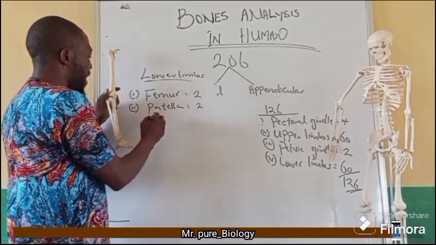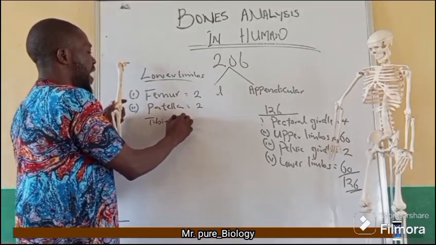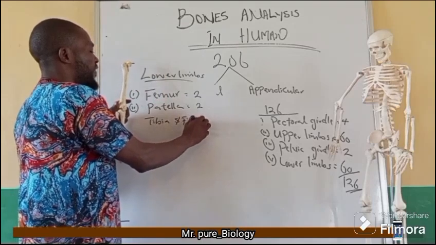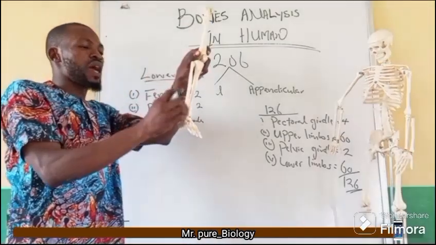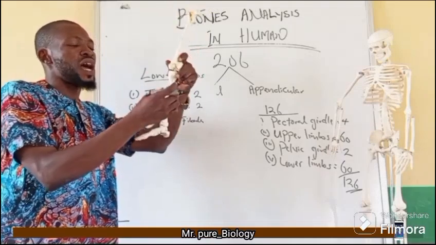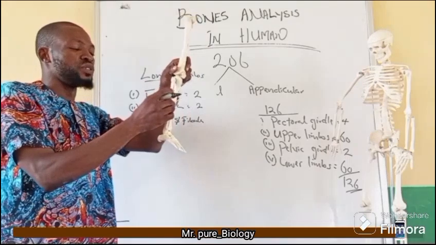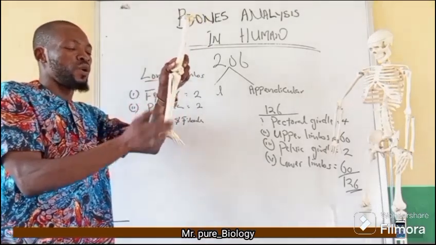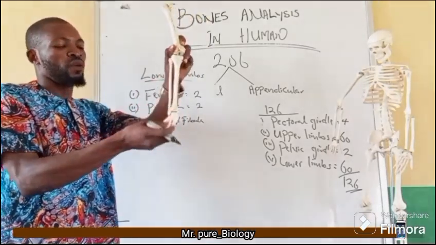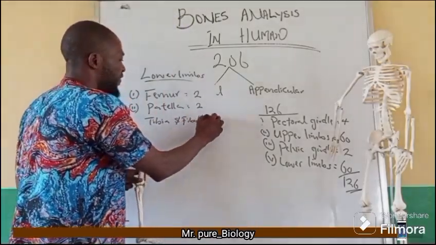Here we have the tibia, and we have the fibula. You can see this fibula is very tiny, while the tibia is somewhat stronger than this, as it is this one that bears the muscle of the leg, and this one allows for the abduction and flexion of the feet. Now we have four.